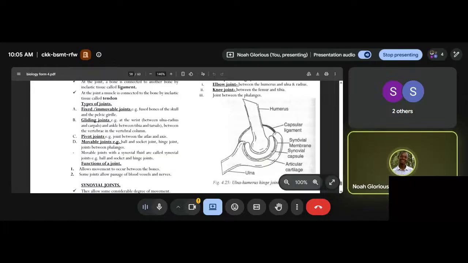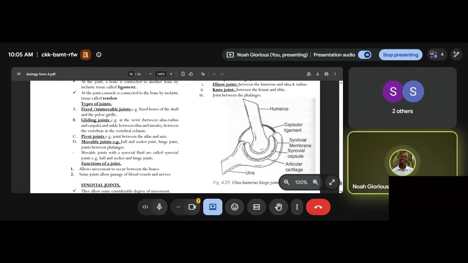When we talked about the structure of the skull, we said it has the jaws, the nasal cavity, many organs, it encloses the brain, and we said the bones of the skull are fused together by special joints called the sutures. So the sutures is an example of an immovable joint.